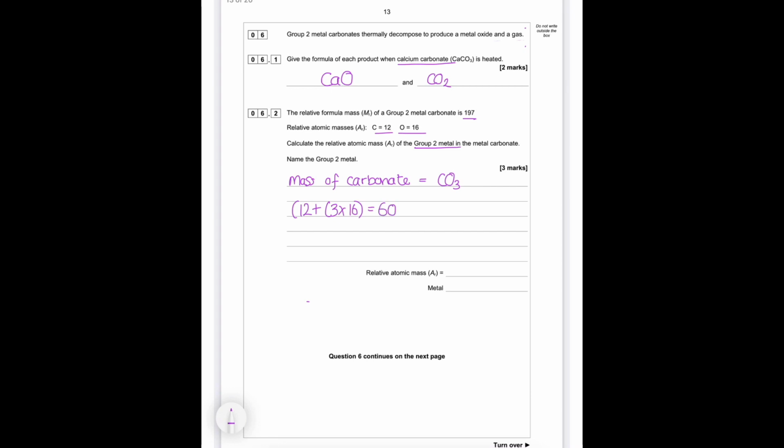So then if we take the carbonate part away from the total mass of the metal carbonate, so that would be 197 subtracting the mass of the carbonate, and that leaves the mass of the metal to be 137. And then you look on your periodic table to find which element has a mass of 137, and that would therefore be barium.